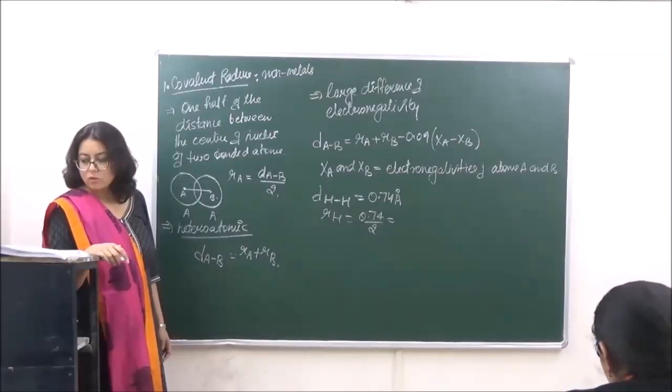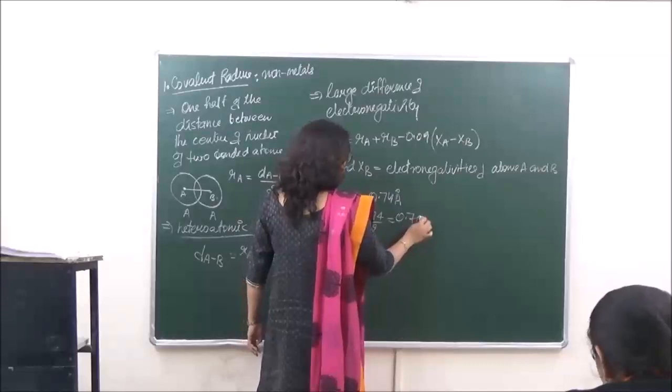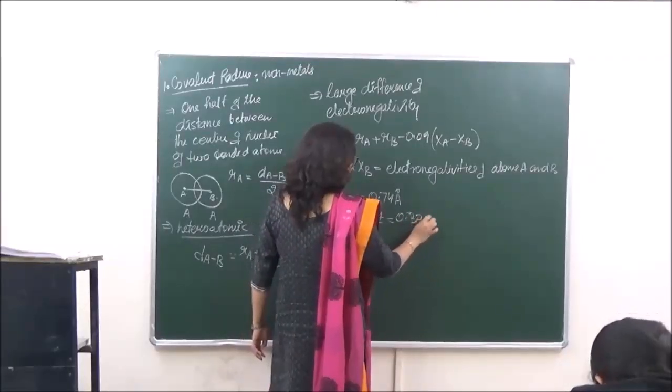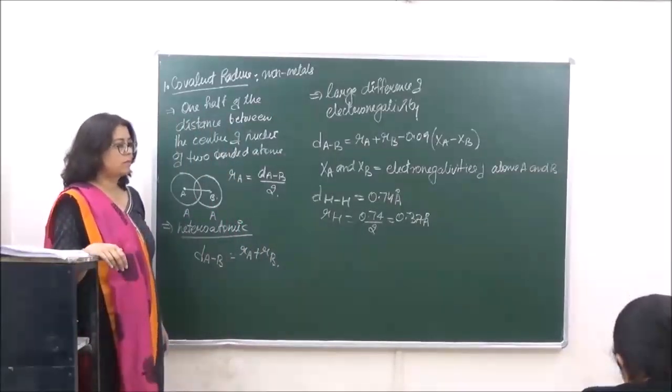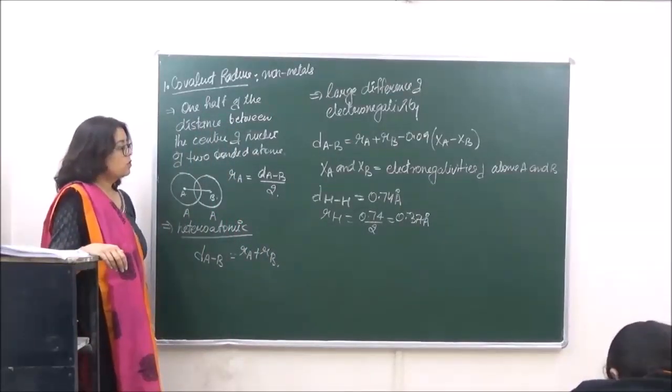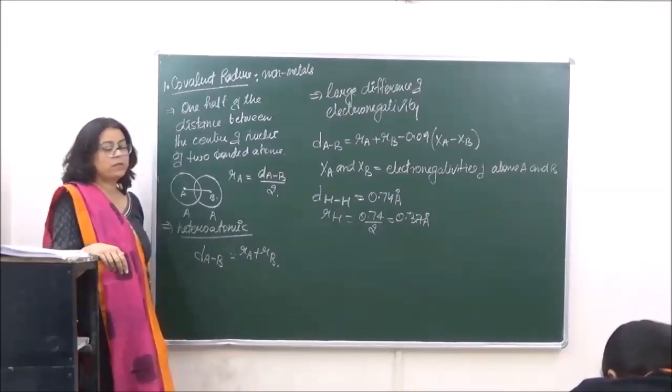Okay? So that comes to how much? 0.37 angstrom. Right? So the radius of hydrogen atom is taken to be 0.37.